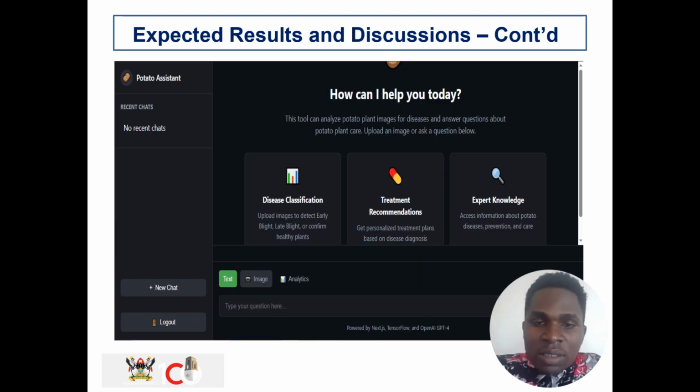Then this is the outlook of the front end of the system. The system has features of disease classification, treatment recommendations, and expert knowledge. So based on the two features, the text and image, the user is capable of writing a text and uploading the image of the crop.